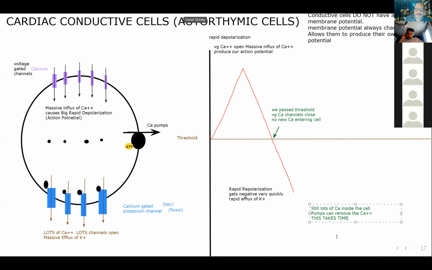So what's going to happen is we're going to get a gradual decrease in calcium. So as calcium is being pumped out, and I will cheat and use some X's here, that one gets pumped out, and this one, and this one, and this one, and this one. As calcium is getting pumped out, what happens to the number of our calcium gated potassium channels that are open?